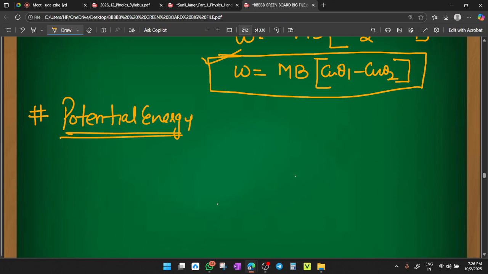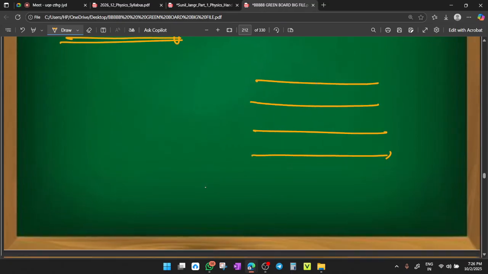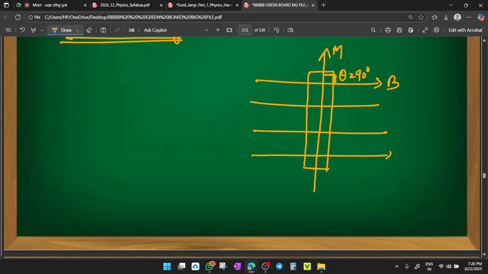In physics, we have considered a standard direction of the dipole, that is theta equal to 90 degrees. Here, the magnetic field is going this way, and this is the direction of the magnetic dipole. So here theta is equal to 90 degrees. Okay. So this is the standard position of the dipole.